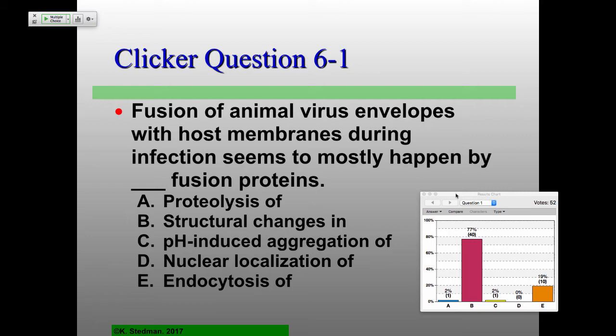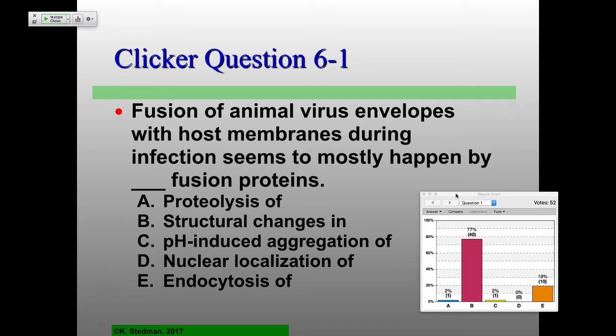But that's not giving you your fusion itself. pH-induced aggregation, that's what happens in the dengue. So you actually have a dimer, which we didn't really talk about, which goes to a trimer. And then also pH-induced changes like you have in influenza. But again, that's just making everything ready to have this fusion process take place.